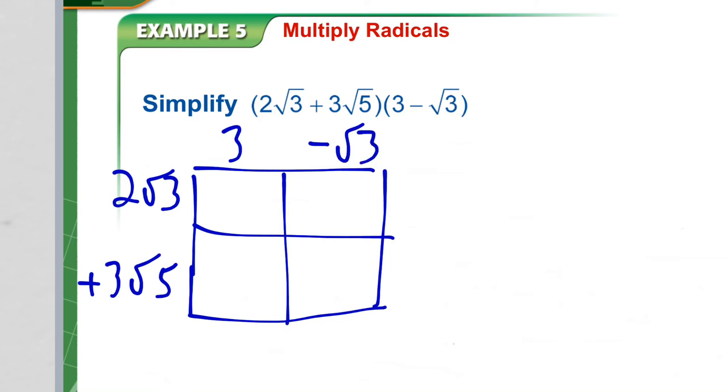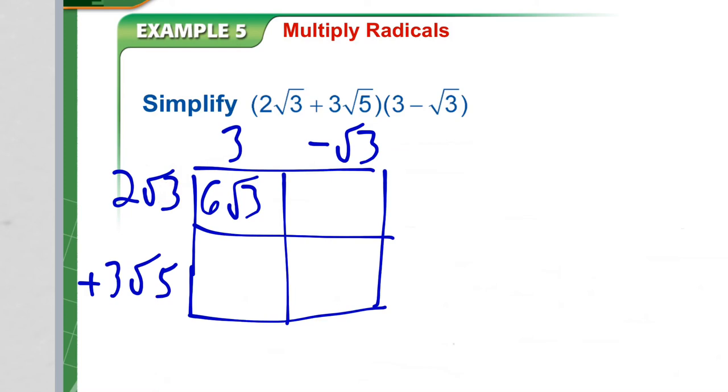So we're going to start with this 2 square root of 3 times 3. Since this 3 up here is on the outside, it can only multiply the 2 on the outside there. So 2 times 3 would give me 6, and then the square root of 3 stays the same. Now in this next one, where we have a minus square root of 3, this 3 is only on the inside, so it can only multiply to the square root of 3 that's on the inside here.